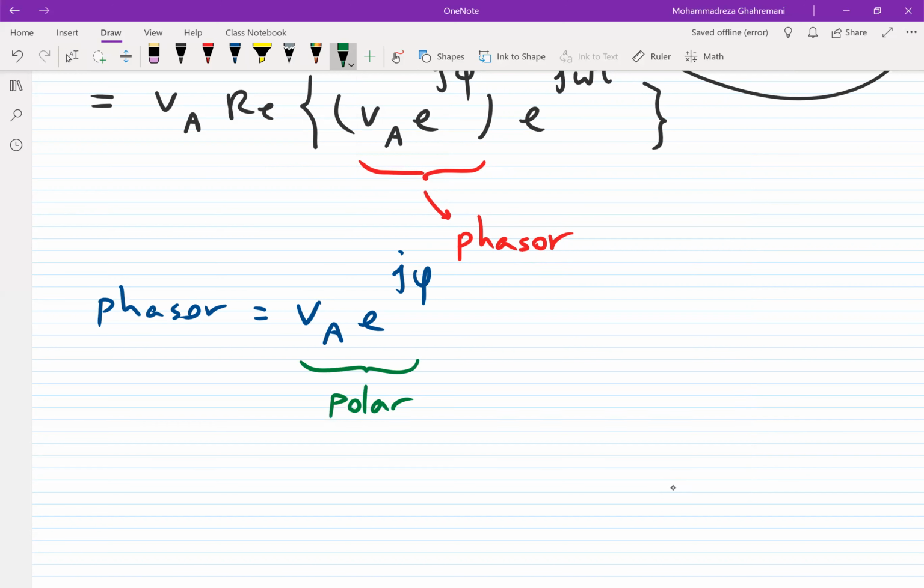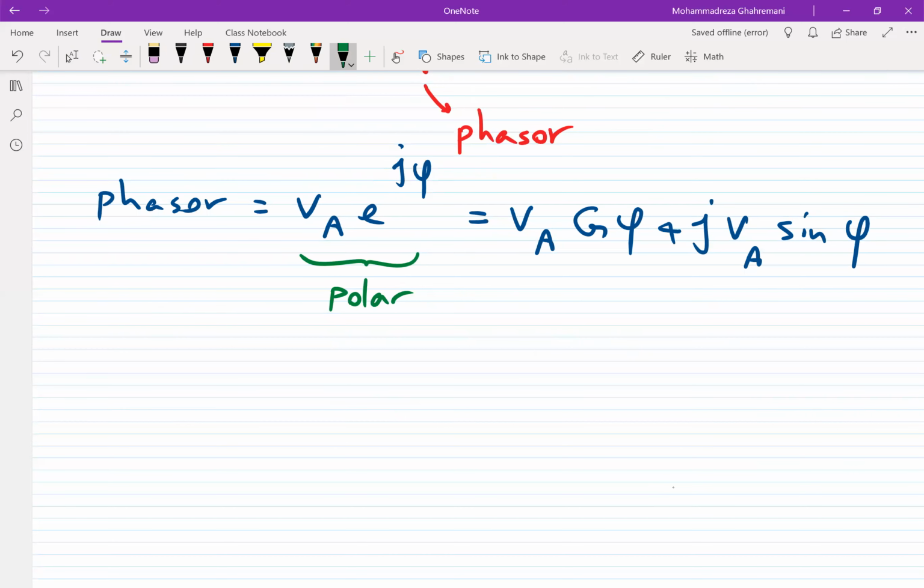We can also write it in this way using Euler's formula: VA cosine of phi plus j VA sine of phi. This type of representation is called rectangular representation.